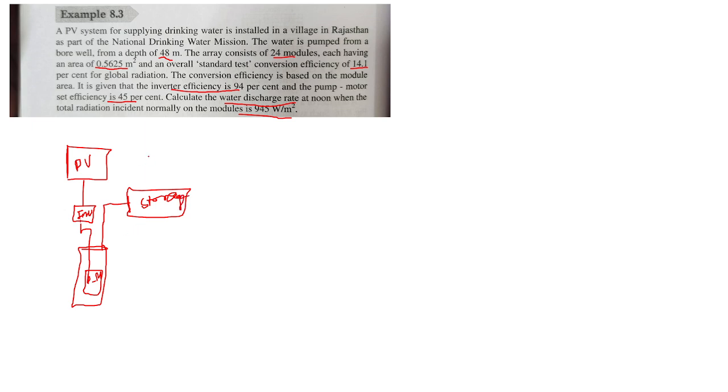Now, what's given in the question is the depth, right? So the height is given as 48 meter, the depth from which water has to be pumped. The array consists of 24 modules.